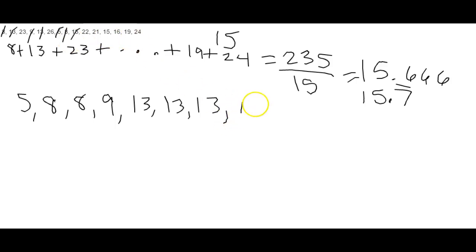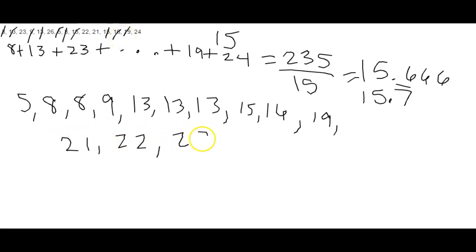Then 15, 16, 17, 18. Next is 19. I'm going to go to the next line because I'm running out of room. 21, 22, 23, 24, and 26. Okay, once you're sure you have all the numbers, you can find the median and the mode.